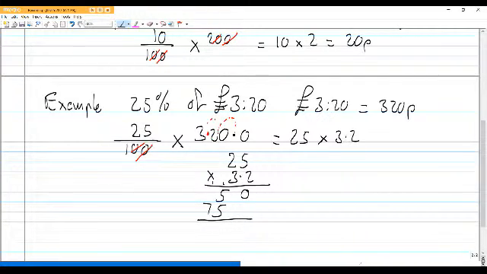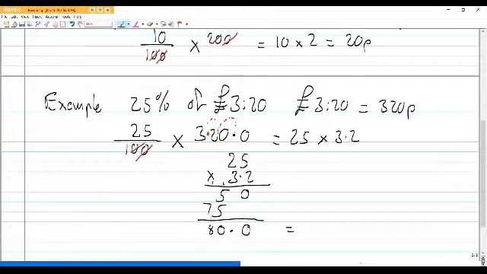Okay. No more to multiply with, so draw a line underneath it. Add these together. 0 and 0 is 0. 5 and 5 is 10. 1 and 7 is 8. Okay. Now you've got one number after the decimal point. So you put the decimal point there. One number after the decimal point.